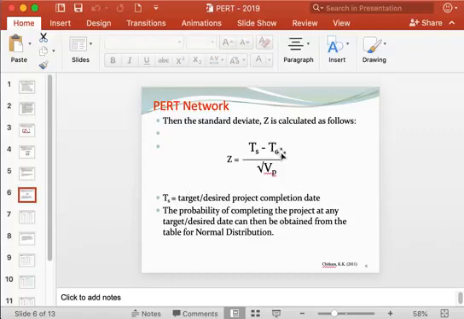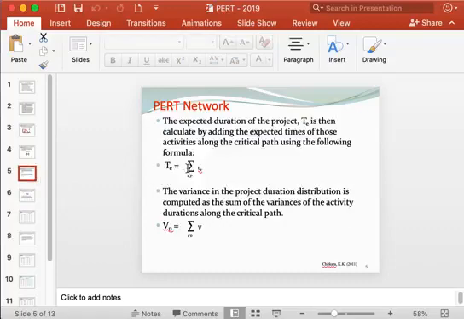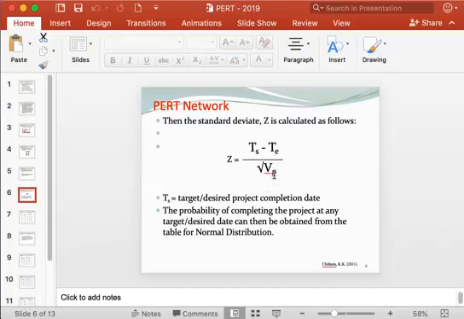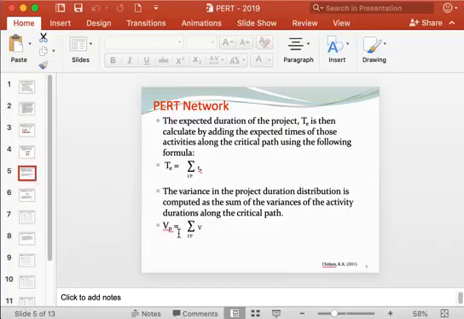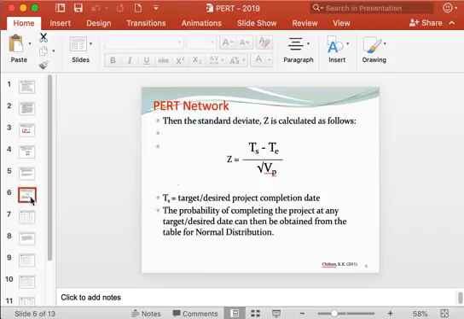TE is the expected project completion time or project duration, which you calculate using sigma CP t e, and VP is sigma CP small v.